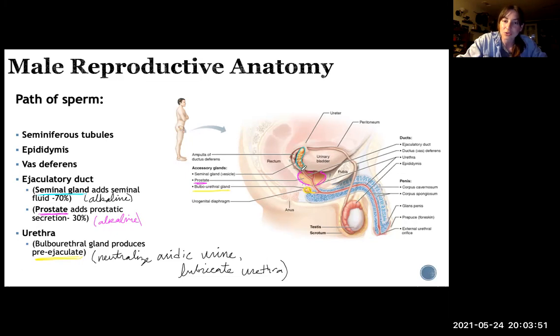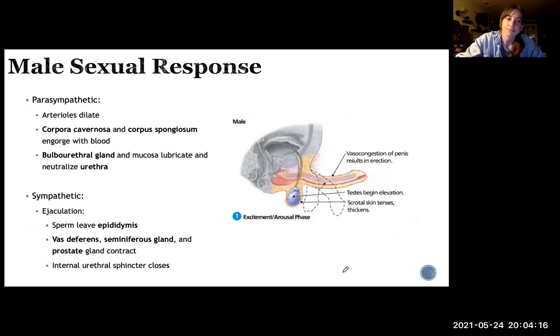Those two junctions will join to meet and become the ejaculatory duct right here. And the prostate will contribute the remaining 30% to the semen. And the semen will then travel down the shared common urethra all the way down and out.